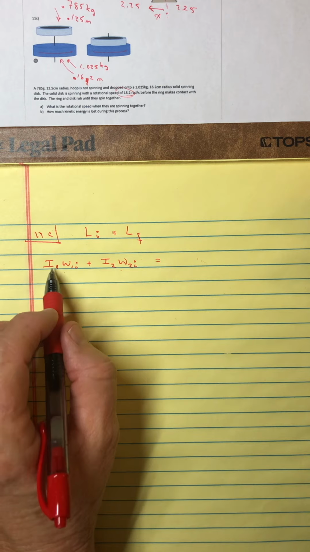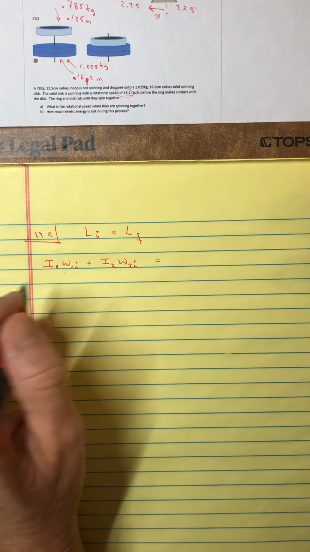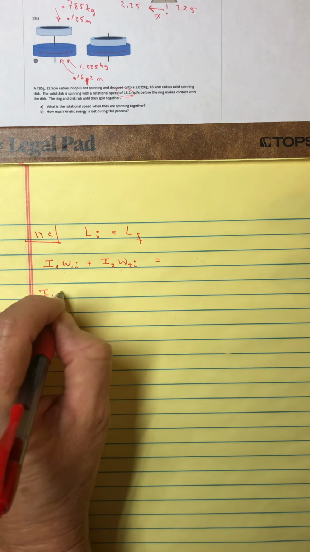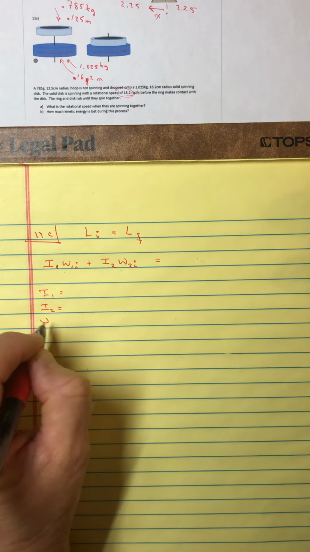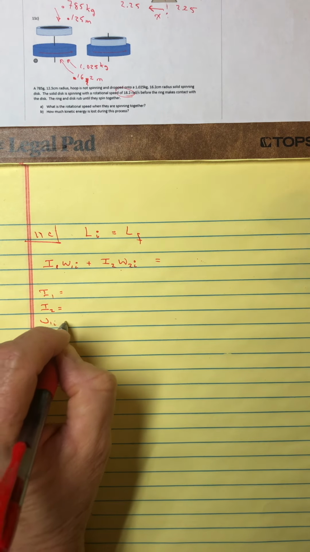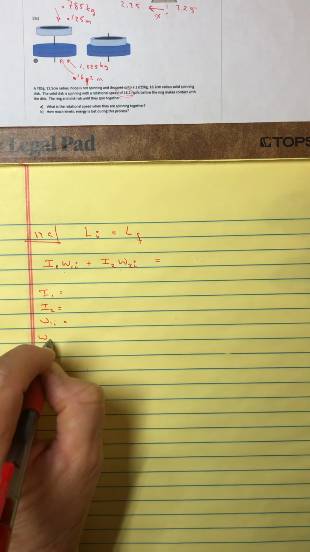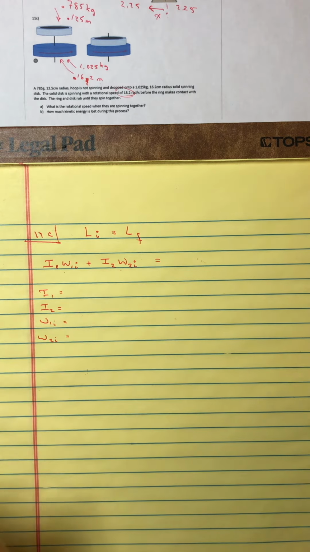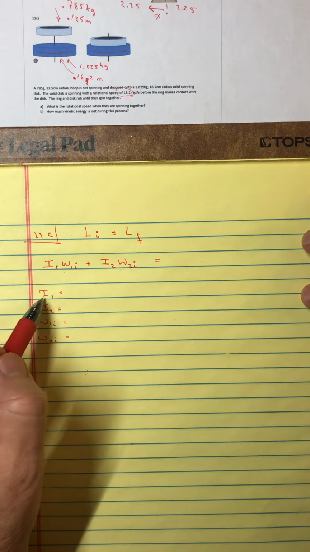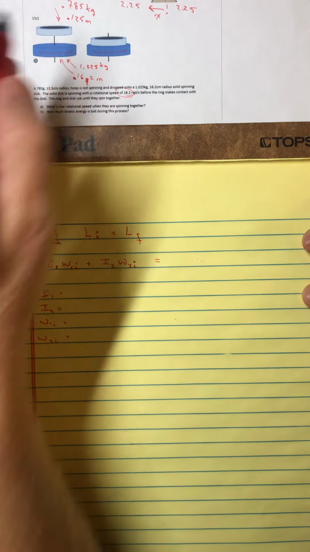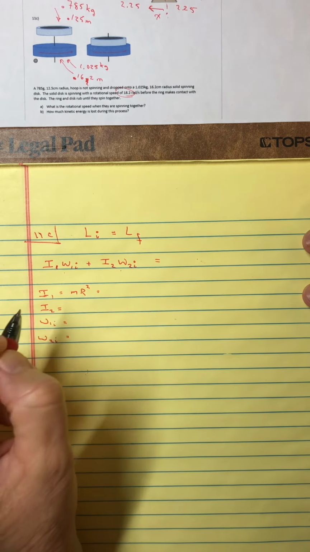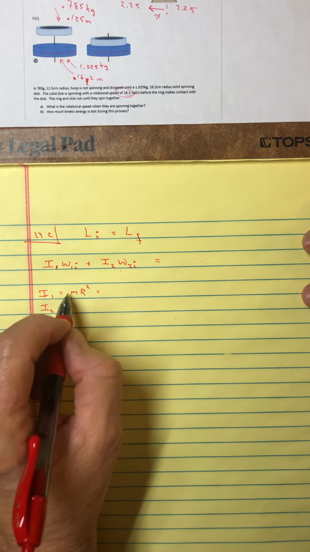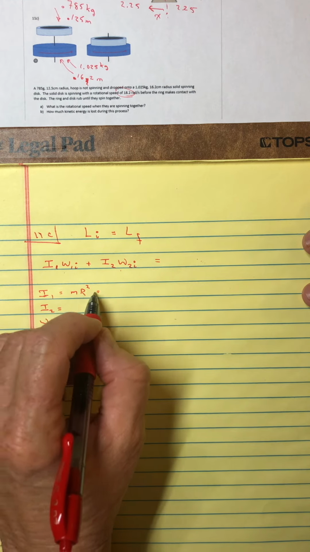It looks like I'm going to need the moment of inertia of the first object, the second object, the initial speed of the first object, and the initial speed of the second object. So why don't I just list those here? Because the first object is a hoop, and then going to that table, it would be 1, which we don't really write, times mr squared.